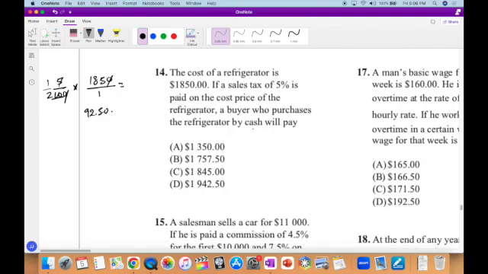A buyer who purchases the refrigerator for cash will pay the $1,850 plus the $92.50. Yep, the answer is D.